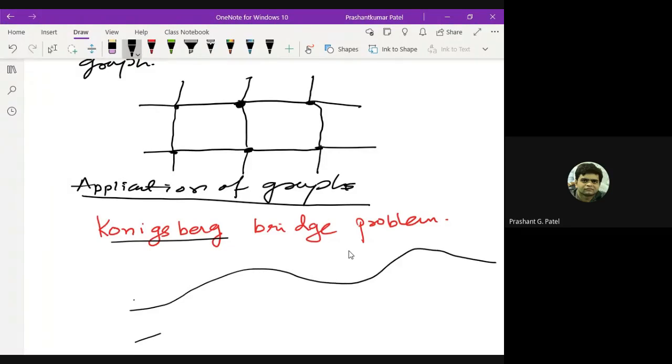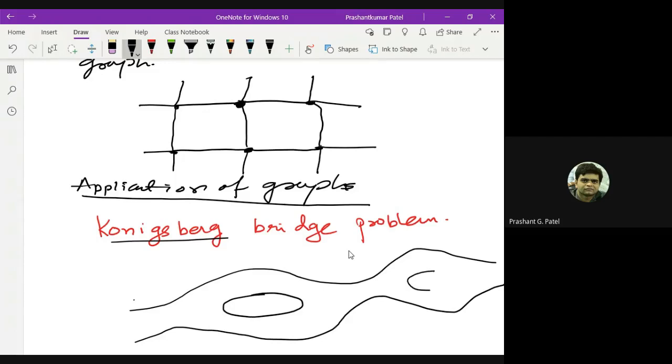It's situated like this, and there are two islands, one here, another one here. So this city is actually divided into 4 parts: first part, second part, third part, and the fourth part. And on this river, there are 7 bridges.